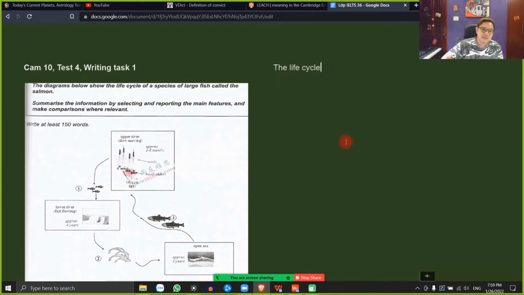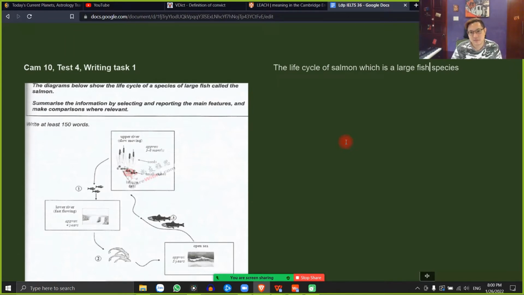So the life cycle of a species of a large fish. I can say the life cycle of salmon, and then I explain it, which is a species, which is a large fish species.